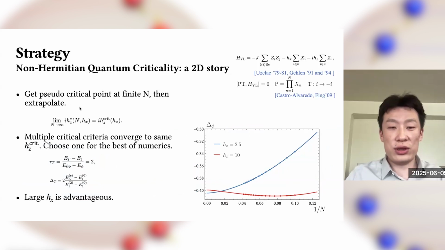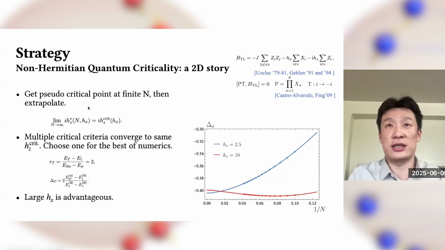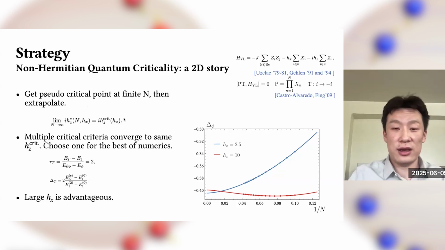So we take some other criterions and call the points that satisfy those criterions the pseudo-critical points. They vary as we increase the system size n, and they should converge to the same thermodynamic critical point in the thermodynamic limit, as the mergers will do.